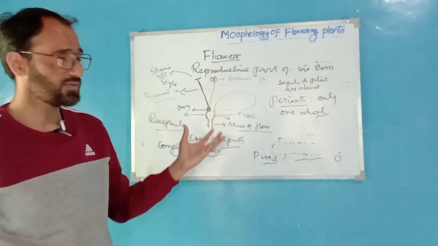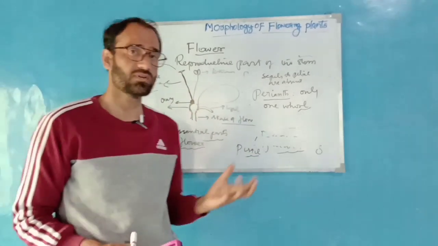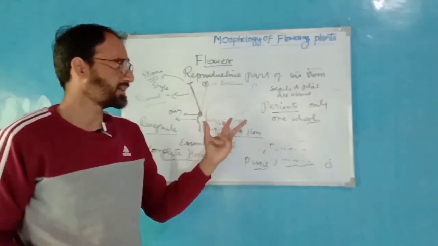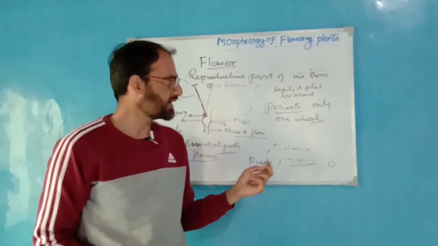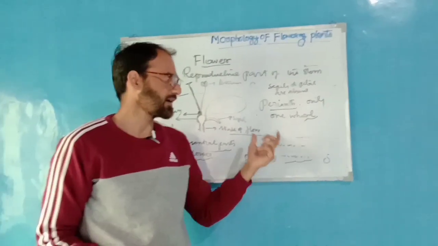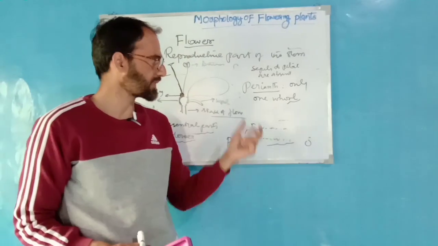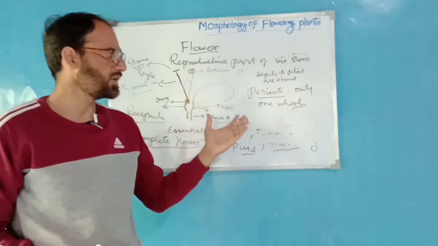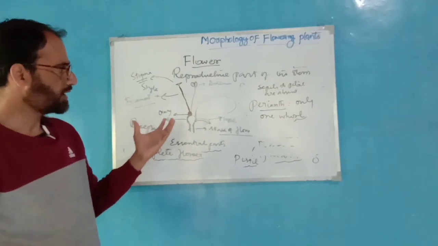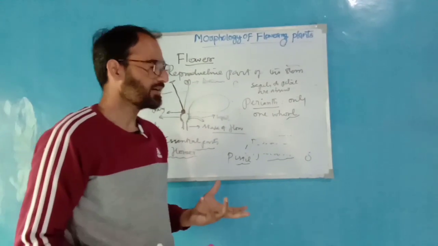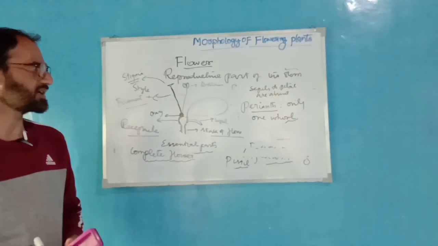It should not be confused. Sometimes some call these two fused sepals and petals. Actually, it's not like that. It is a different condition. We call it perianth when only one whorl is present. So this is all about the flower, the reproductive part of the stem.